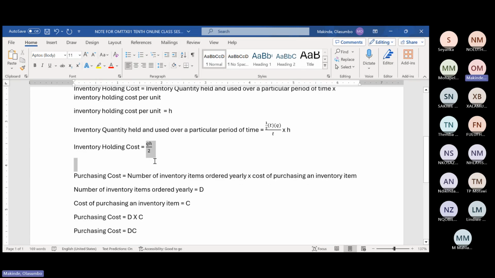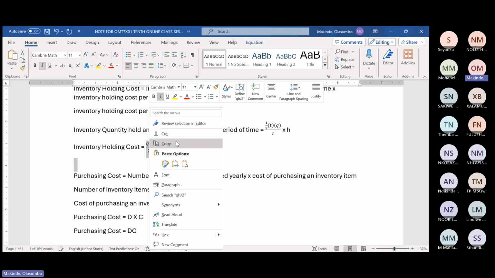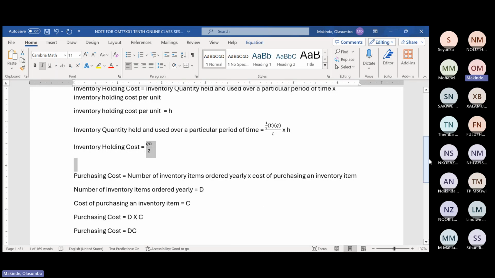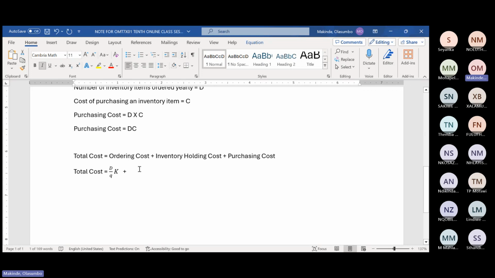I'll make it Q over 2 times H so that I can separate it and see where the Q's are. So Q over 2 H, which is the same as KH over 2. Then plus the purchasing cost, which is DC.